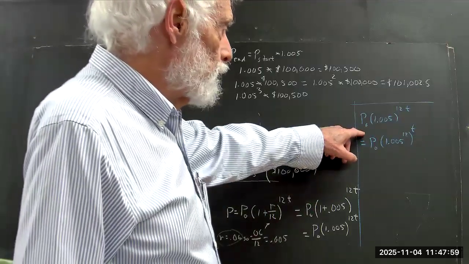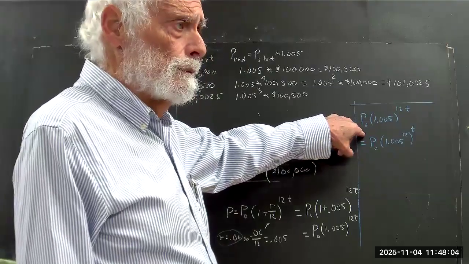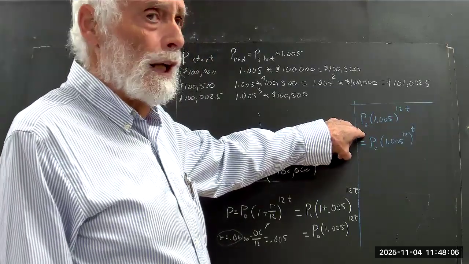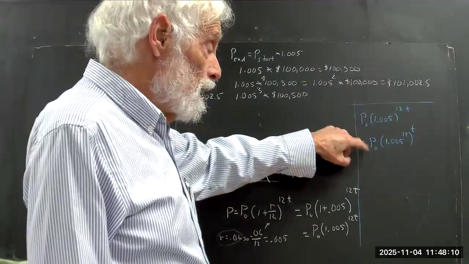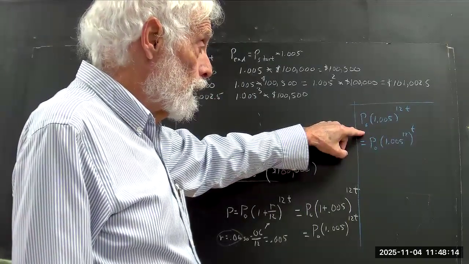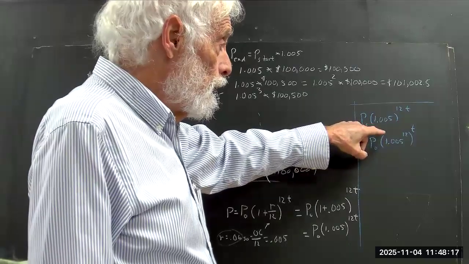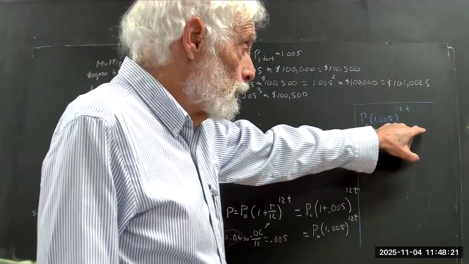I'm going to say this is the original principal. I think some of your open math at least uses A for amount. And that's okay. That's a good letter, but I like to talk about principal. The principal multiplied by this number to the t.